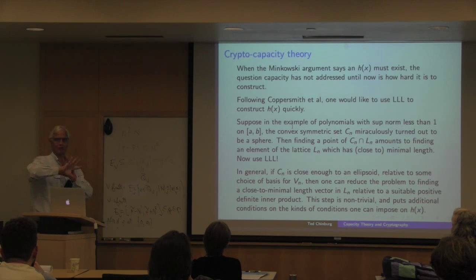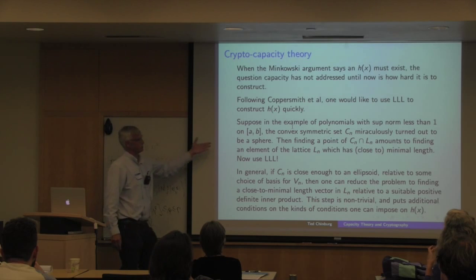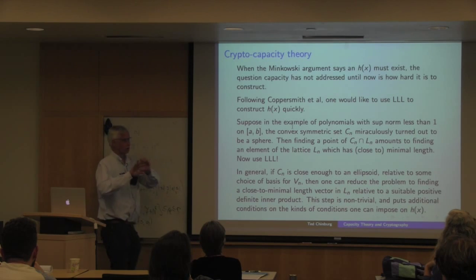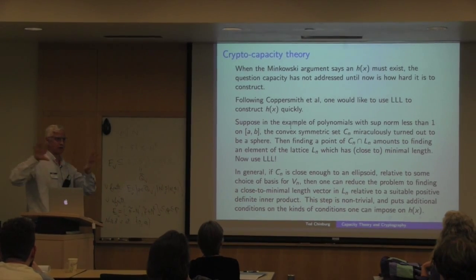In general, if you have some horrible convex symmetric set that's got lots of corners and angles and so on, there's no way to say that finding a lattice point in that convex symmetric set amounts to finding a short vector in the lattice. It could be a horrible thing. What you need to prove is that the convex symmetric set that you have to deal with looks more like a sphere, or relative to a set of axes, it looks like a sphere. It looks like a generalized ellipsoid.